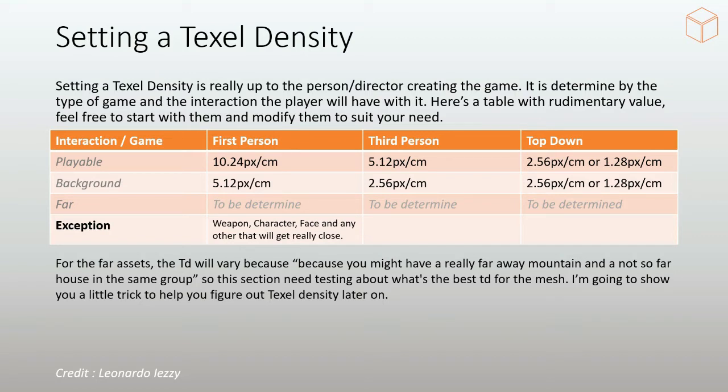And the far objects are really going to be like a mountain or something the player won't get really close to. And there are some exceptions to that. It's going to be stuff that will get much closer to the player than usual. So in an FPS game, when you're aiming down sights, well, the holographic sight is going to get really close to the player, so you might want to give more texel density to that holographic sight.